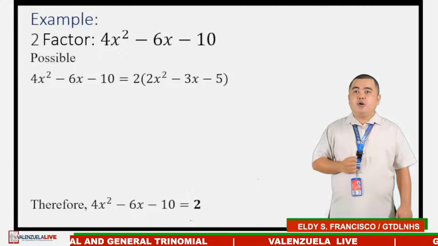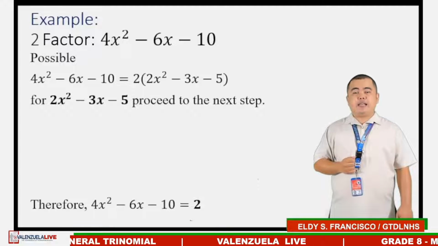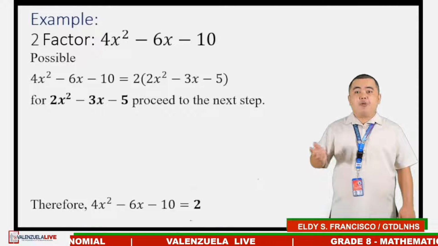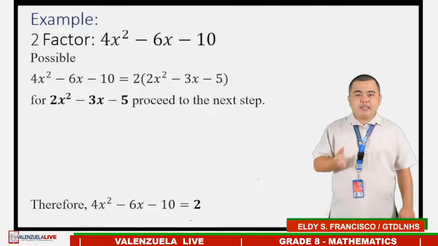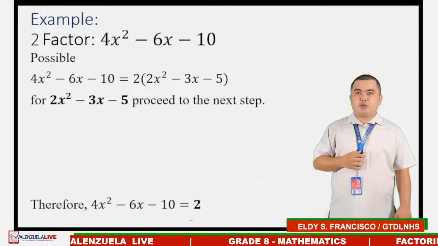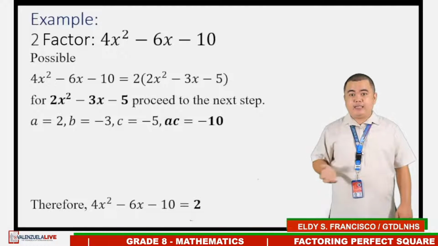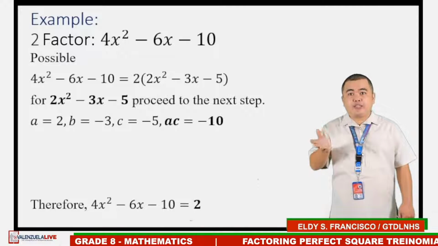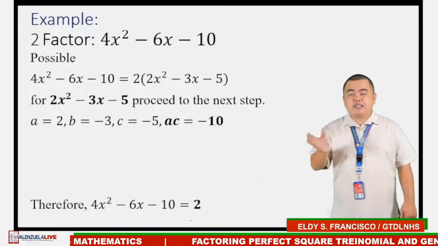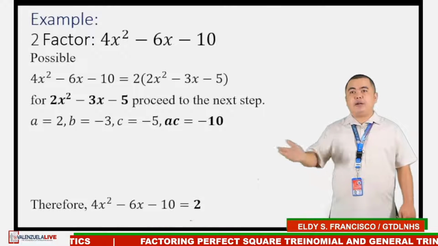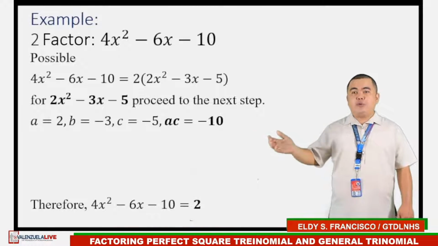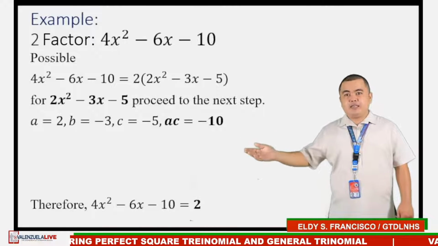Then, for 2x squared minus 3x minus 5, which is our new expression, proceed to the next step. Step 2, multiply the leading coefficient A and the C. Again, our A this time is 2, our B is negative 3, C is negative 5.